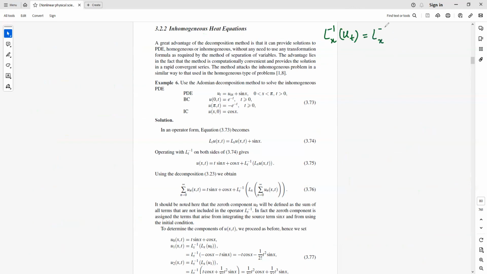So if we apply Lx inverse on both sides, then we are going to get this expression, and if we simplify this, this remains as it is.